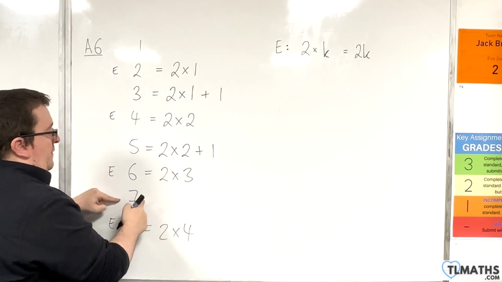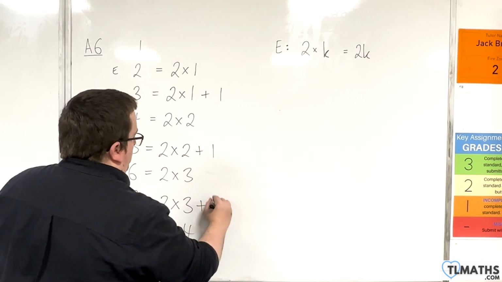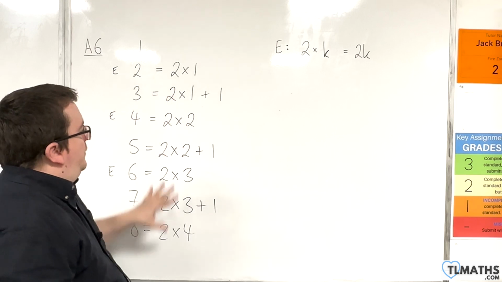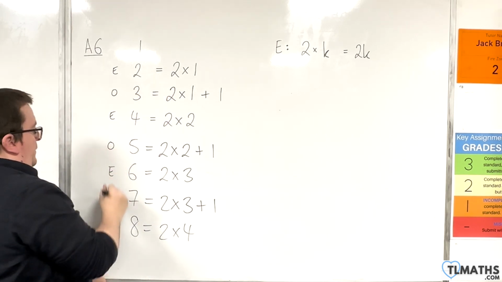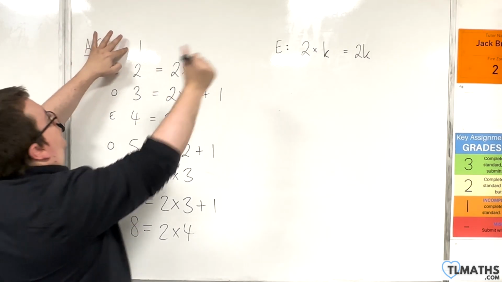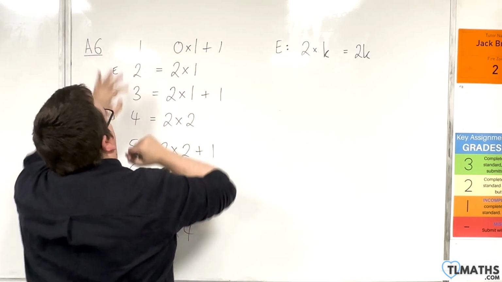And we could write 7 as the previous term plus 1. So in each of those cases where 3 is odd, 5 is odd, 7 is odd, 1, of course, we could write as 0 times 1 plus 1 if we wanted to.